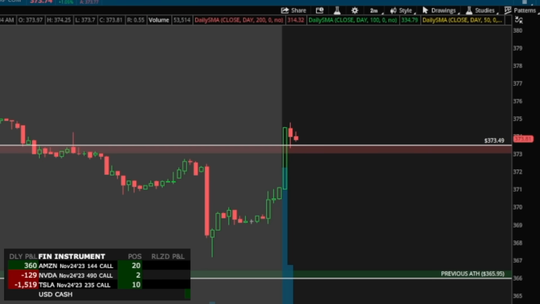I want to see this 2-minute candle hold here. Nice NASDAQ hold. Apple's flying. Come on, Microsoft, be pretty. Be pretty, hold here.